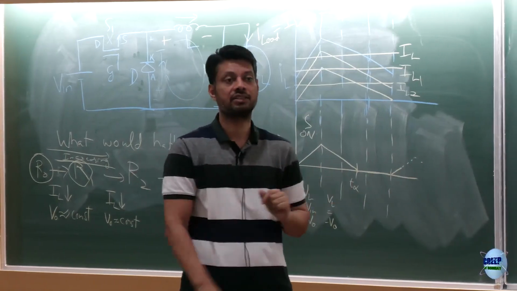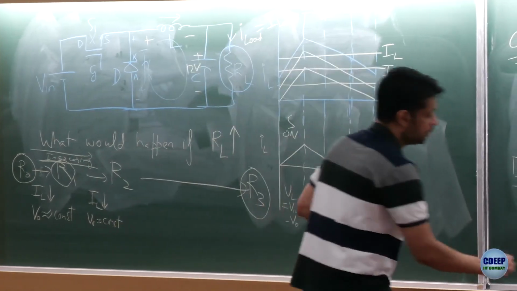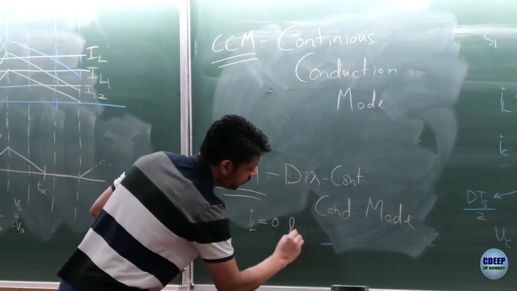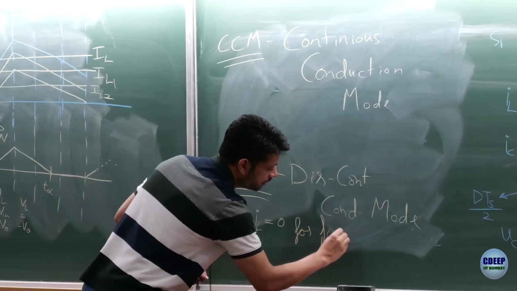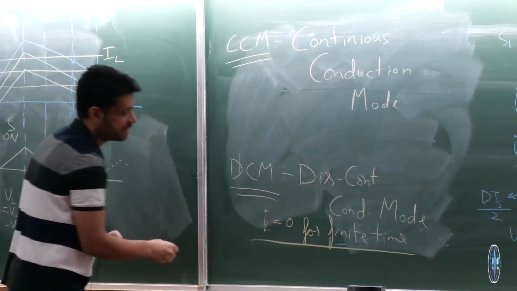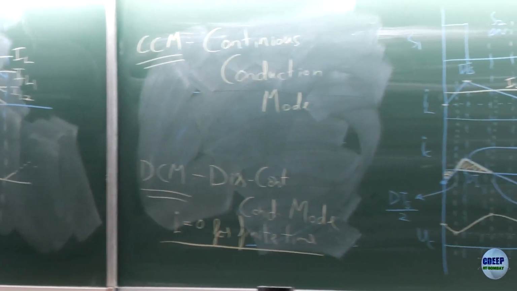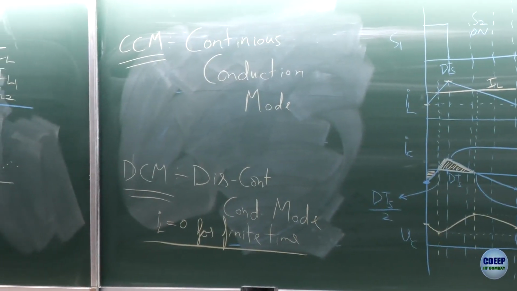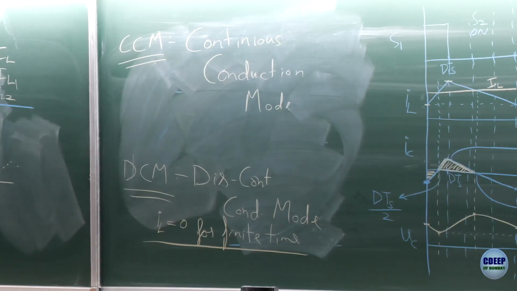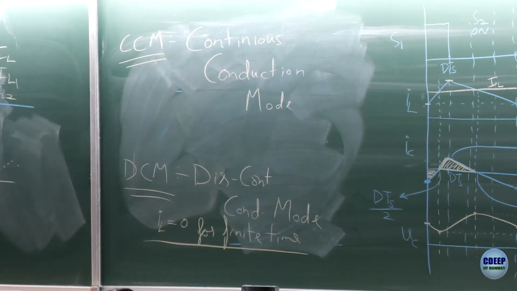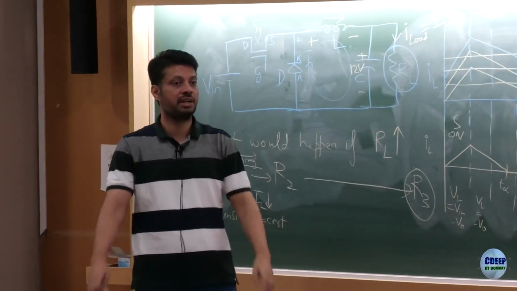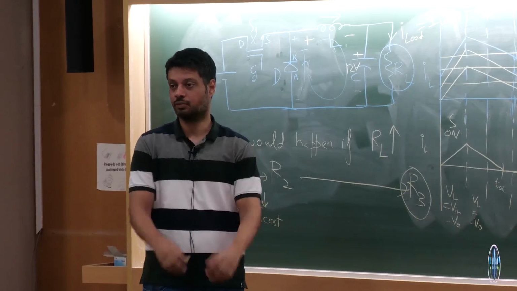So IL is 0 for finite time. This is the condition for discontinuous conduction mode, and if that happens, we'll call it DCM. The first case, where the current is continuous, never remaining at 0 for a finite duration, we are calling continuous conduction mode.